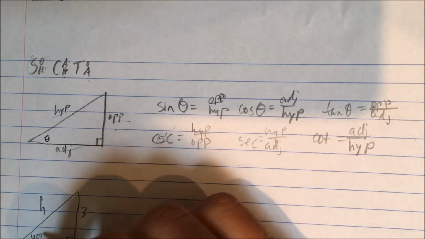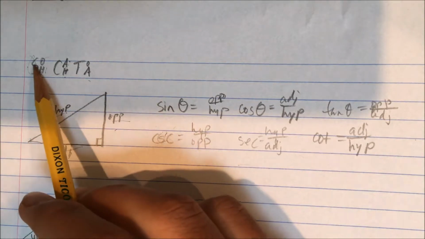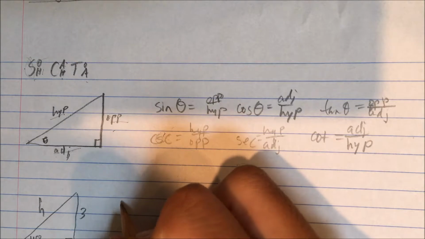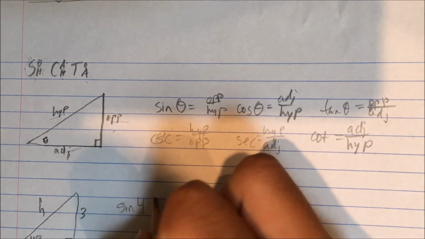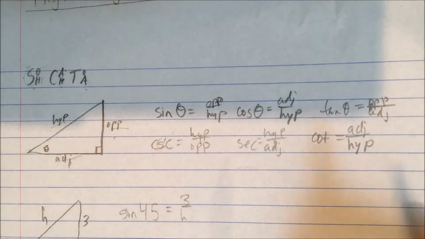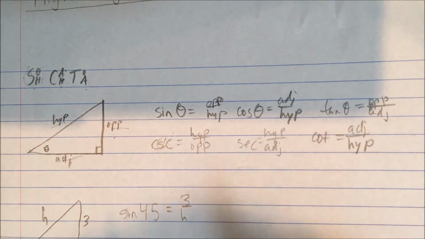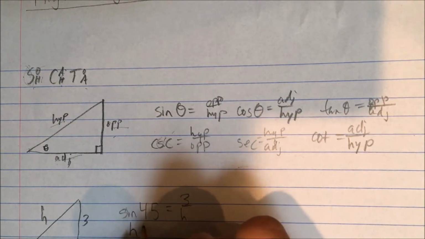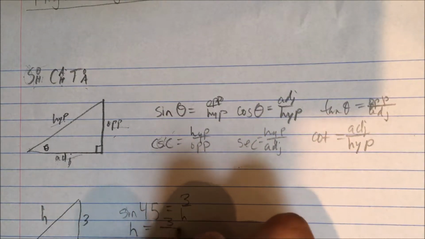So we can use sine equals opposite over hypotenuse. Using that, we can find that sine 45 equals 3 over h. Now if we multiply by h and divide by sine 45 on both sides, we get h equals 3 over sine 45.